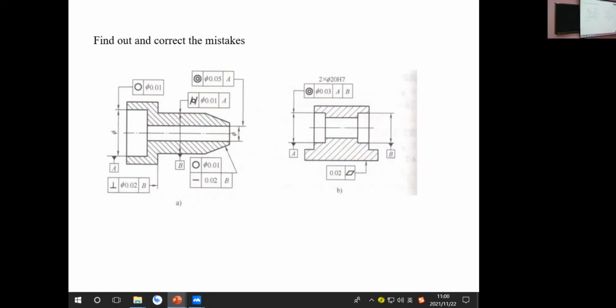Oh, the B is entirely perpendicular to this, actually flat. Yeah, because the surface is that. Next one. This one. This is a straight line.